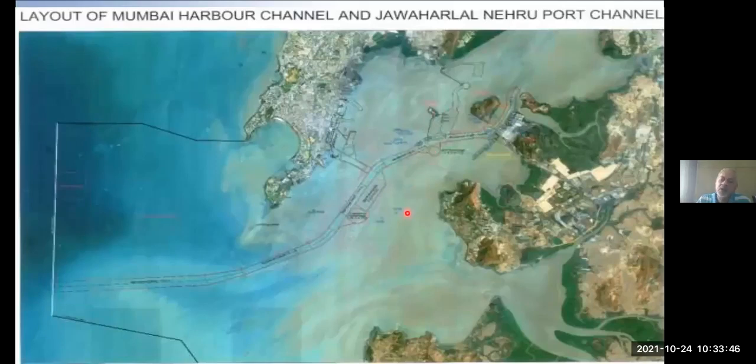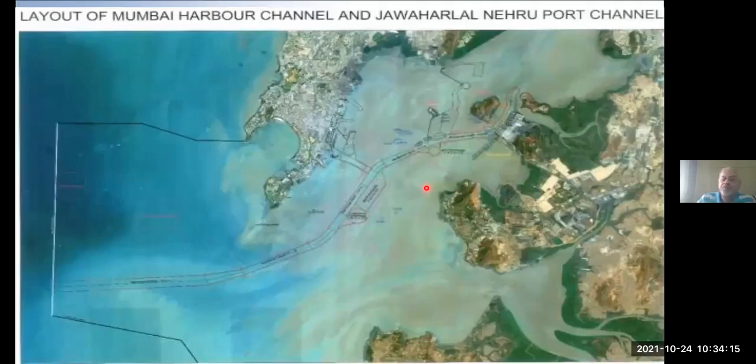As you come close to the land, the water depth finally becomes 0, and the water depth is reducing as you come too close to the land. You require more and more depth so that large capacity ships can come inside.